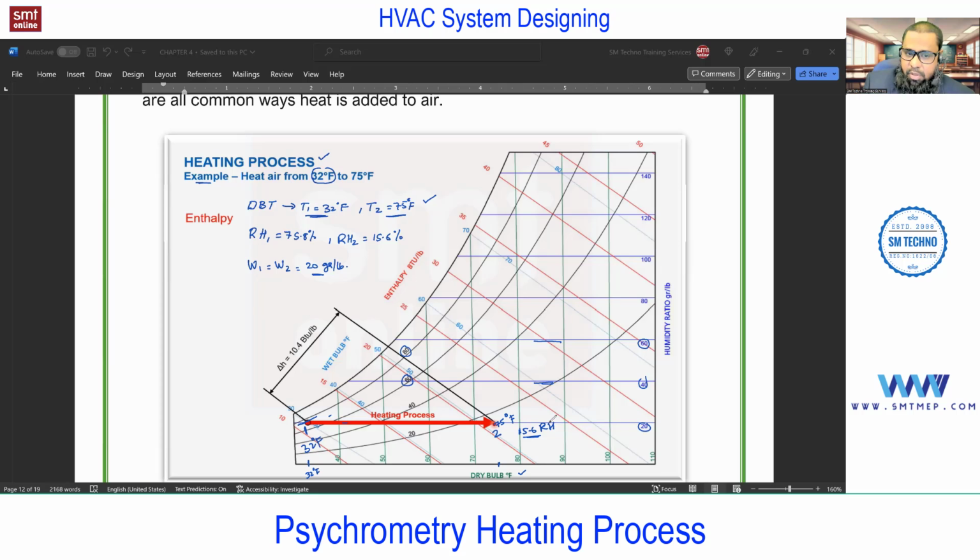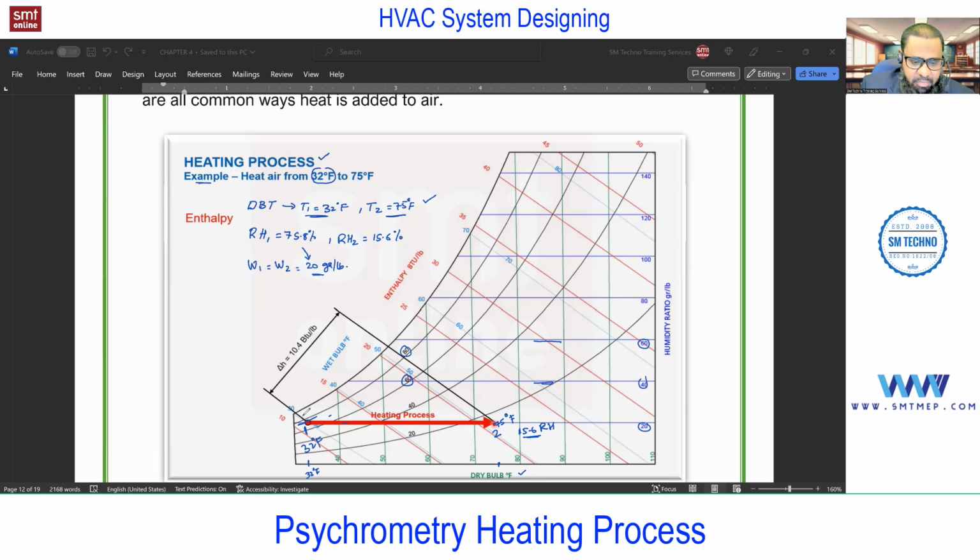So I think you are getting the point, the difference between humidity and relative humidity. Clear? Sir, can you explain how it is possible that temperature is increasing and the holding capacity also increases? For example, here at point 1, RH is 75%, at 20 grains per pound of dry air, 75.8 rounded off to 75%.